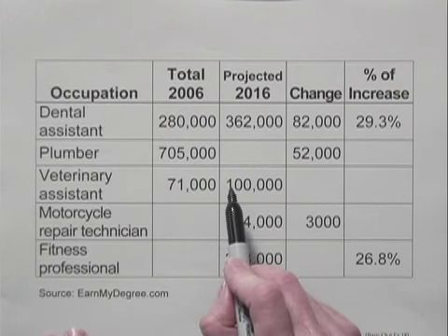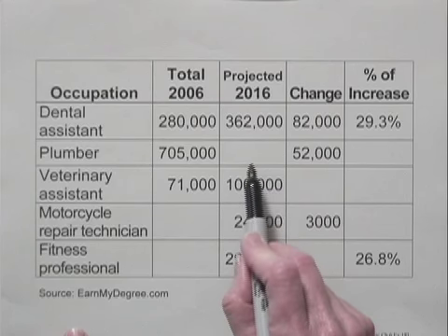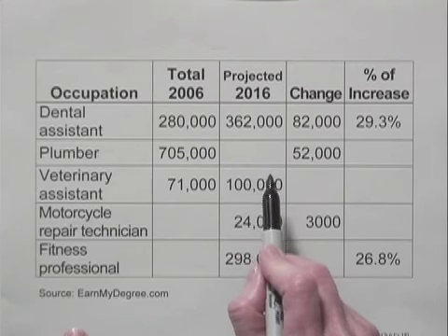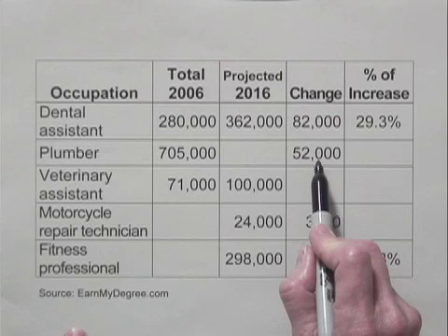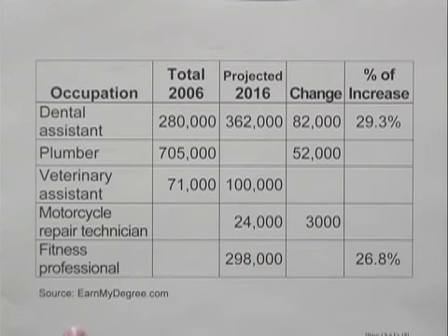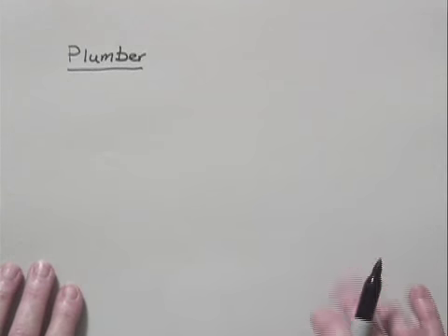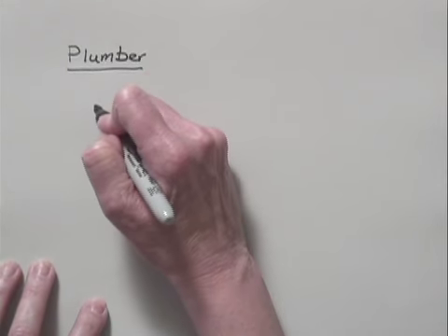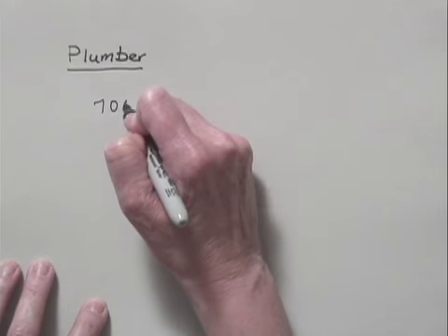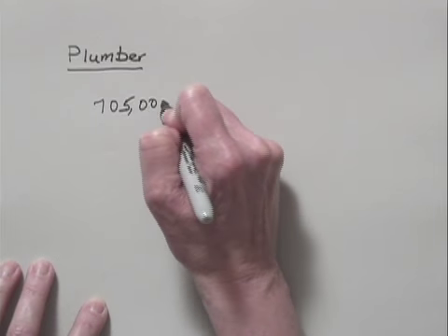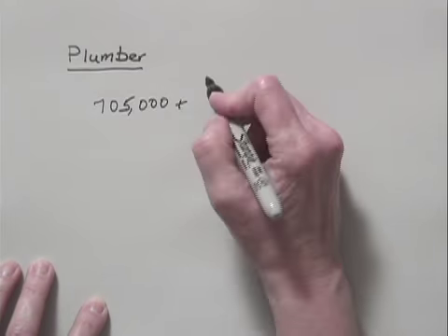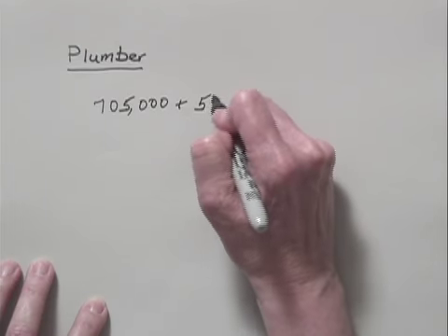And the first thing that we want to find is the projected number of jobs in 2016. We know that it's going to be 52,000 more than the number in 2006, so we can add to fill in that part of the table. We would add the number of jobs in 2006, which was 705,000, and the projected increase, which is 52,000.